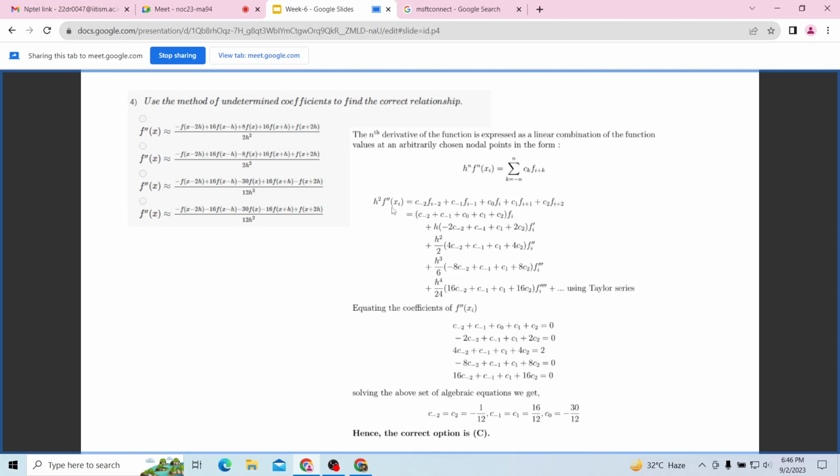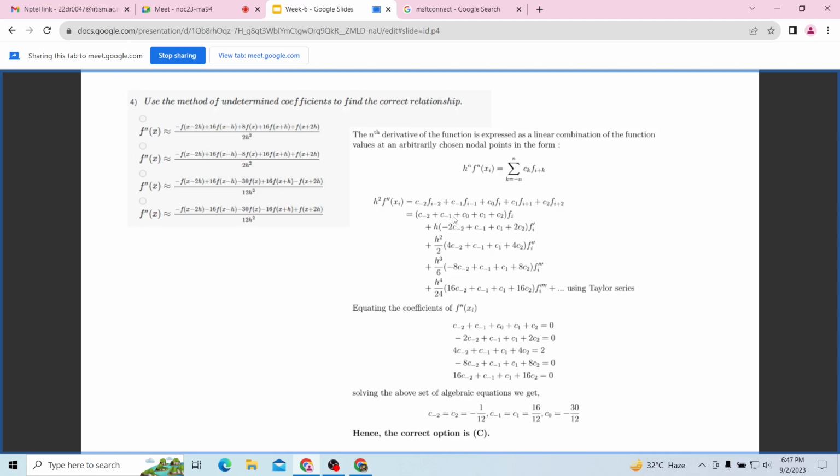Now here you got h square into f double dash xi as this. Fine. Now using Taylor series expansion, you can also get h square f double dash of xi as this, right? C minus 2 plus C minus 1 plus C naught plus C1 plus C2 into fi, plus h into this into fi dash, plus all these terms. Fine.